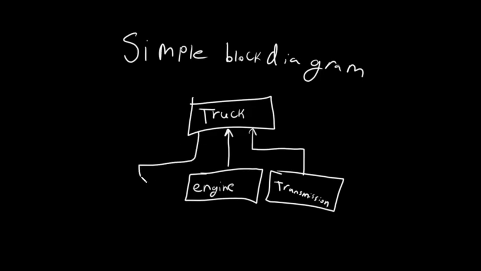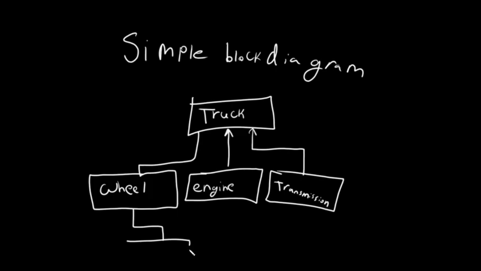And we also have wheels that connect to the truck. So that's the first component of the diagram, where you have the main part and the things that connect with it, and these can get pretty complex and keep going further. For example, the wheel connects with the brakes. So that adds on to the block diagram.